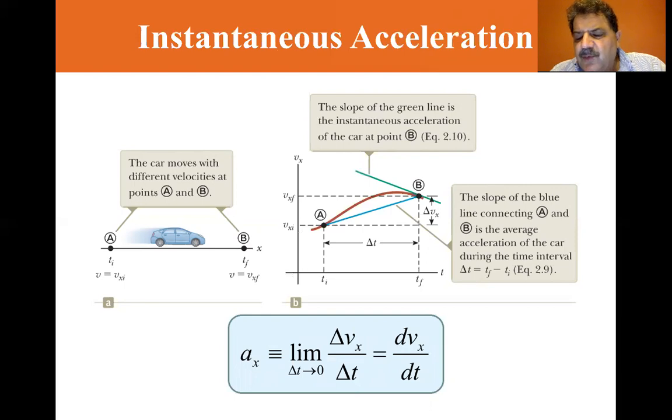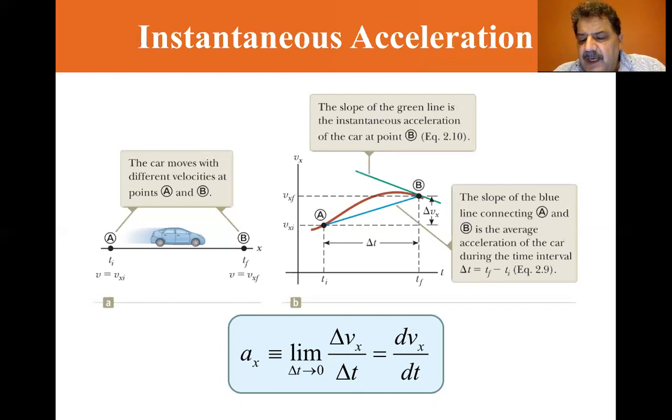Instantaneous acceleration is the derivative of the velocity with respect to time. By definition, it is the slope of the velocity versus time graph. I'm surprised it doesn't say it here, but it's also the second derivative of the position versus time graph.